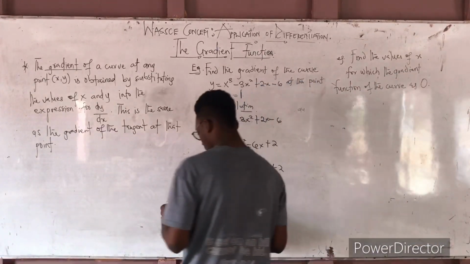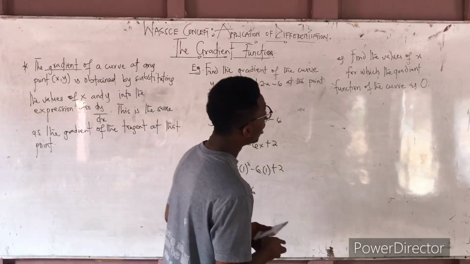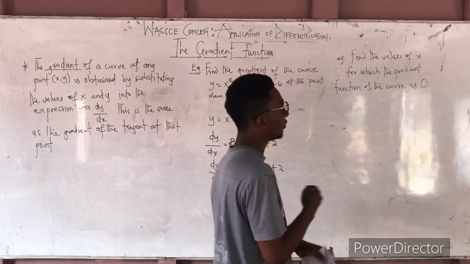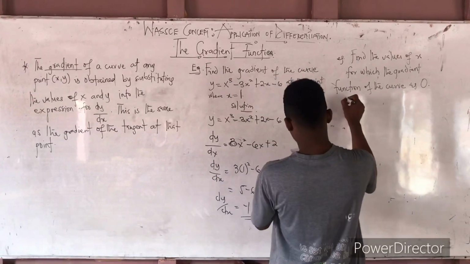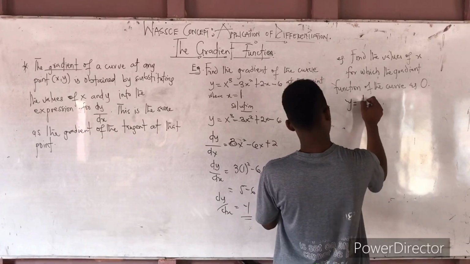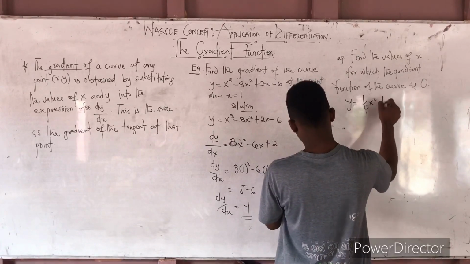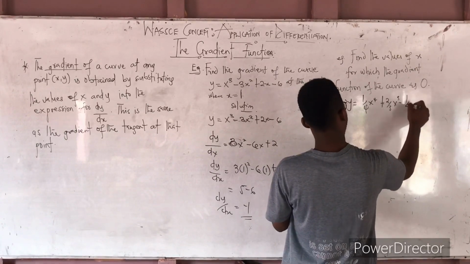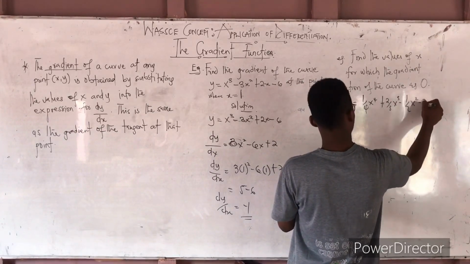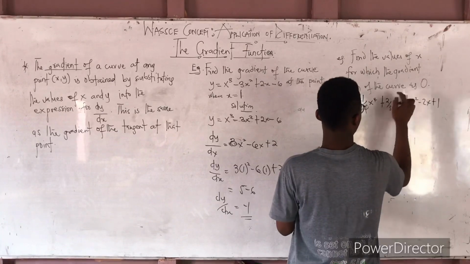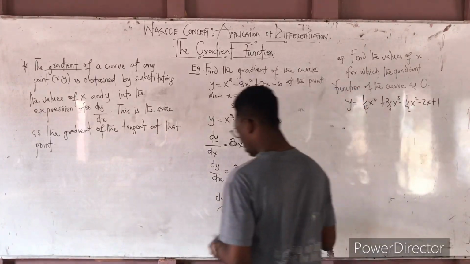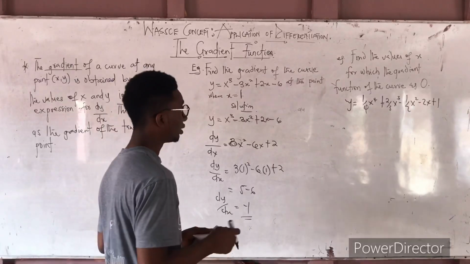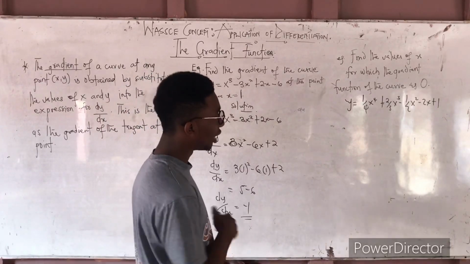So now this is another question, and you have to find the values of x for which the gradient function of the curve is 0. And this is the function y is equal to 1 on 4 x exponent 4 plus 2 on 3 x cubed minus half x squared minus 2x plus 1. And this is the function itself. We are asked to find the values of x for which the gradient of the curve is 0.